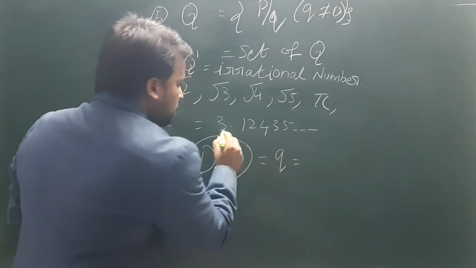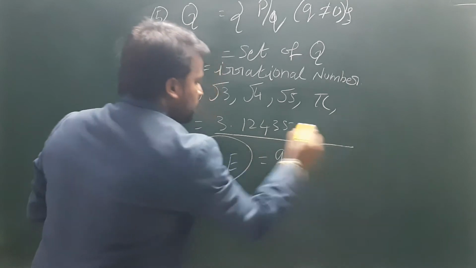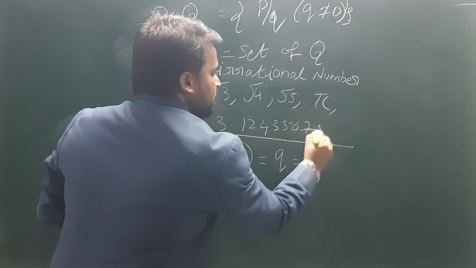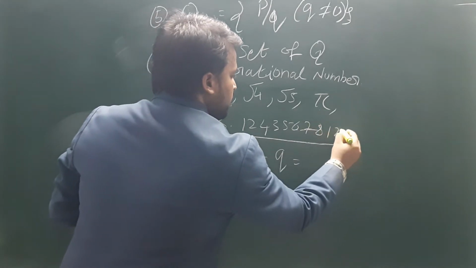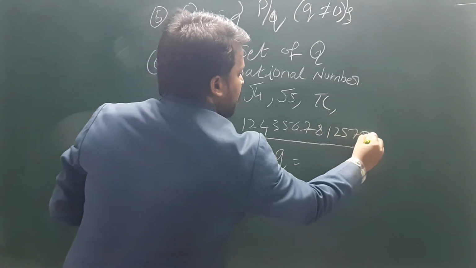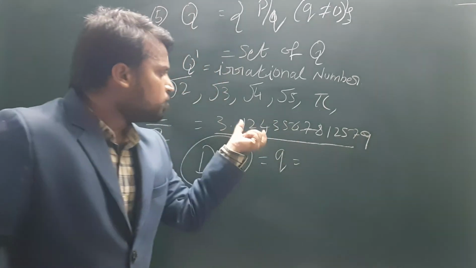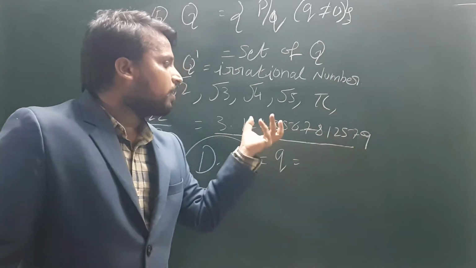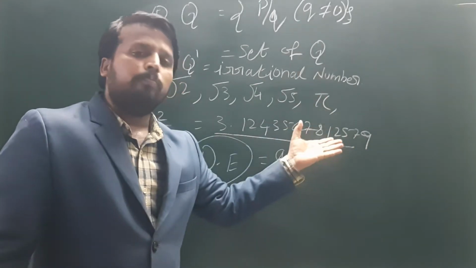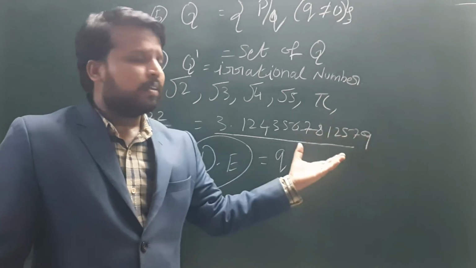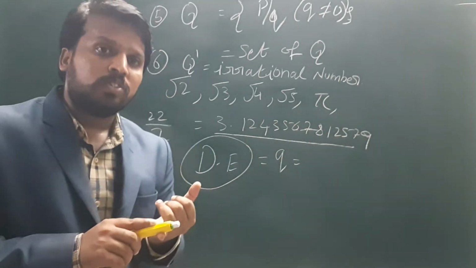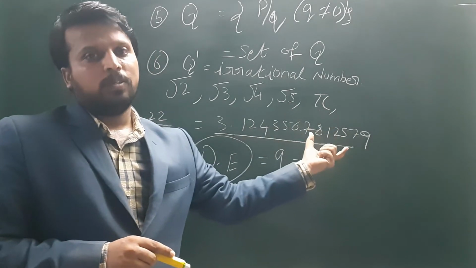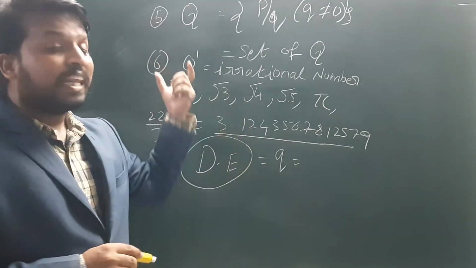The best example here is 3.12435, then 6 7 8 1 2 5 7 9. If you observe, these digits are not repeating in order, they are repeating based on the remainders. So the numbers which are not repeated after decimals, we call them irrational numbers.